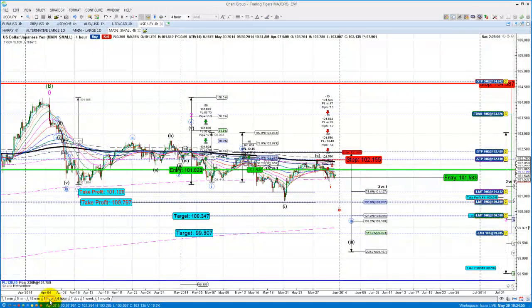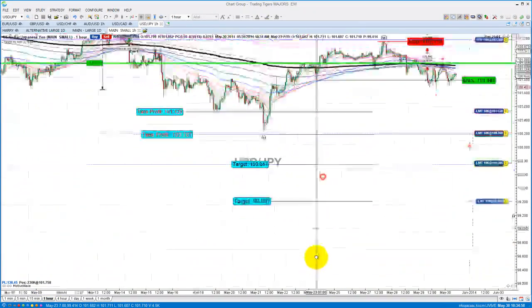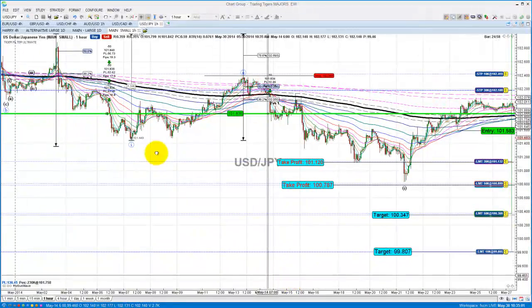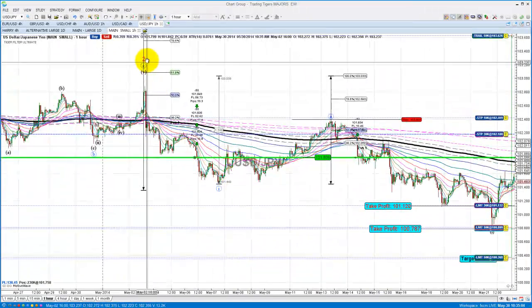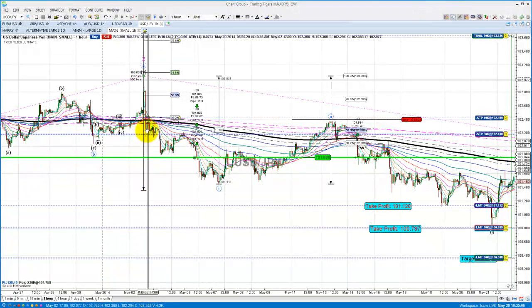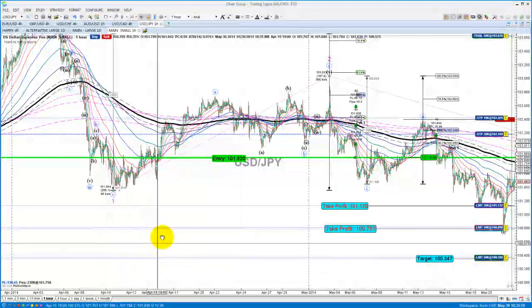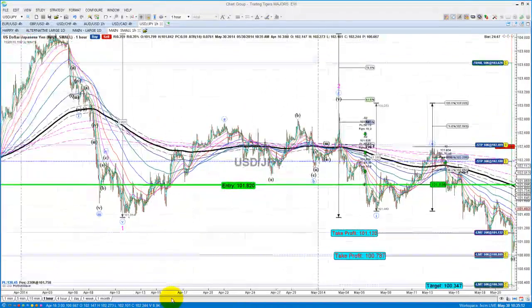Let's have a look at that a little bit better. Yeah, so the minor wave, as we were just talking, I've taken it down to the 1 hour now, so we can see.